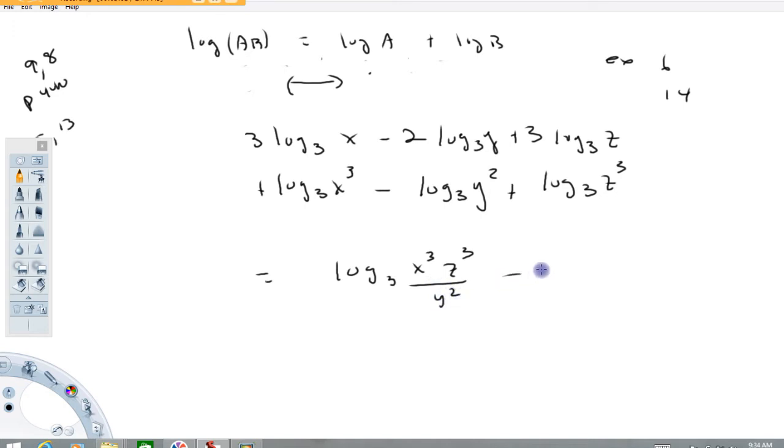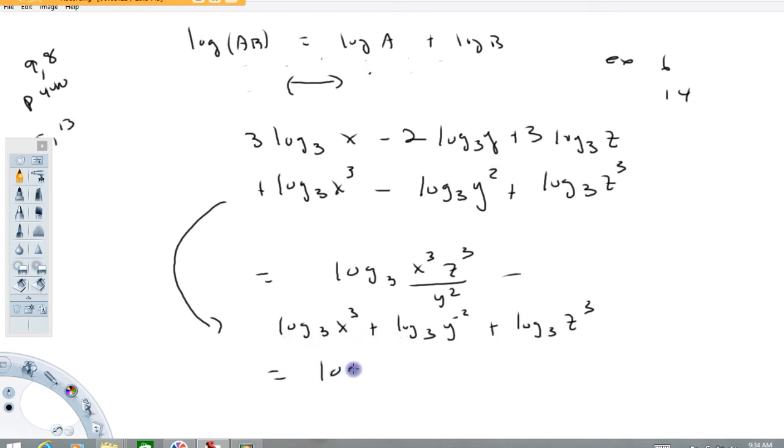Now, just to point out, this may actually help you. Maybe this is a way you'd rather do this. I could have written this log base 3 of x cubed plus log base 3 of y to the minus 2 plus log base 3 of z cubed, if we decided to group that minus sign with the power. These are now all positive, so we would write it as a product. All of them would be in the product.